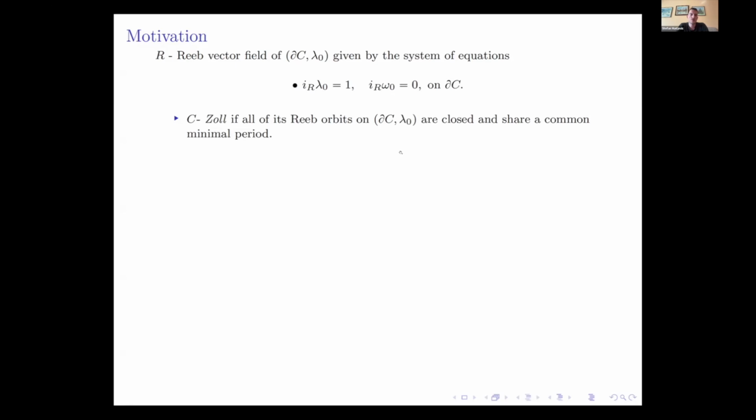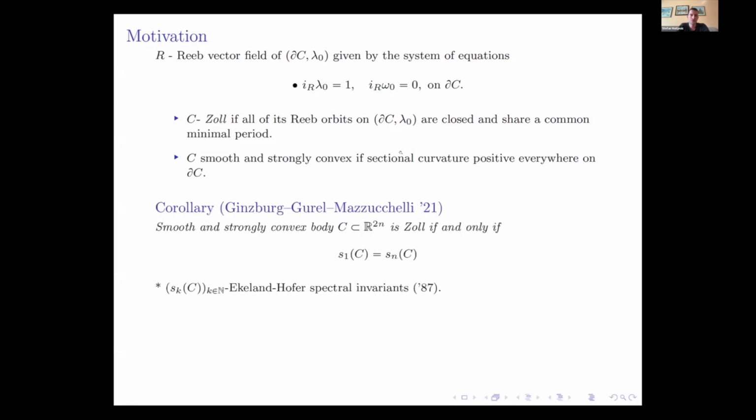Okay, so to give a bit of motivation, I need one more definition: strong convexity. In the smooth case, we say that C is strongly convex if the sectional curvature is positive everywhere on the boundary. Now I will recall a result from Ginzburg, Gürel, and Mazzucchelli from 21, which states the following.